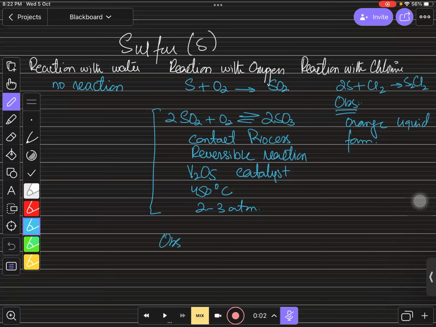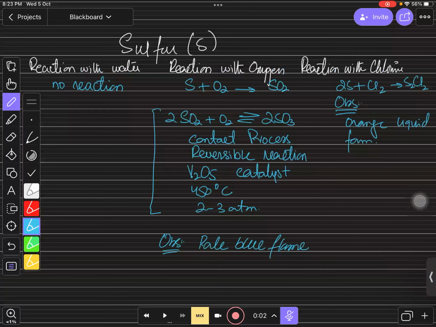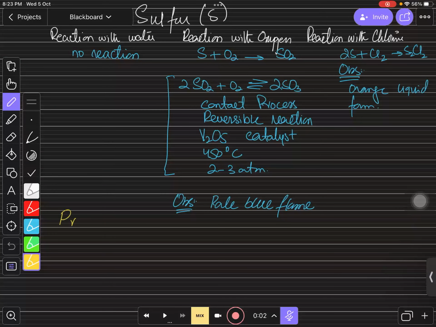These are the things that you need to understand about the reaction of sulfur with water, oxygen, and chlorine. But if you talk about the compounds, we have compounds like sulfur dioxide and sulfur trioxide here. So we need to talk about some properties of sulfur dioxide and trioxide as well. Let's talk about the properties of sulfur oxides.